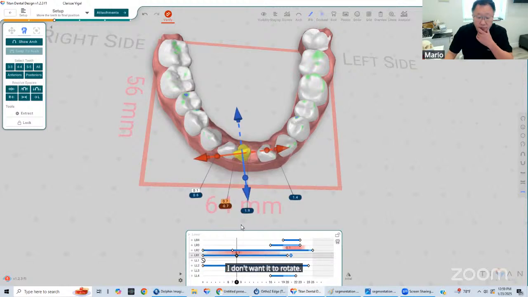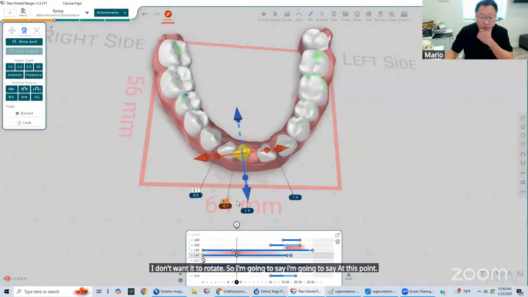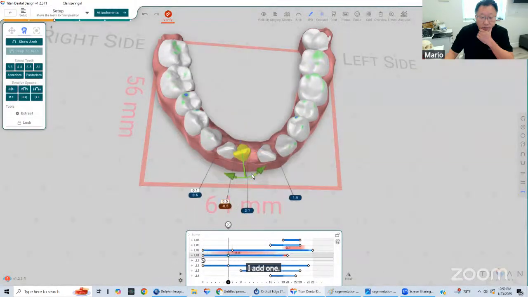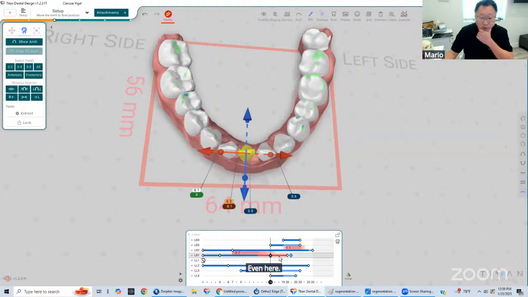So at this point, I add 1, and then I would keep it like it was before. Let me see what happens there. Even here, I would add 1, and I would do this.